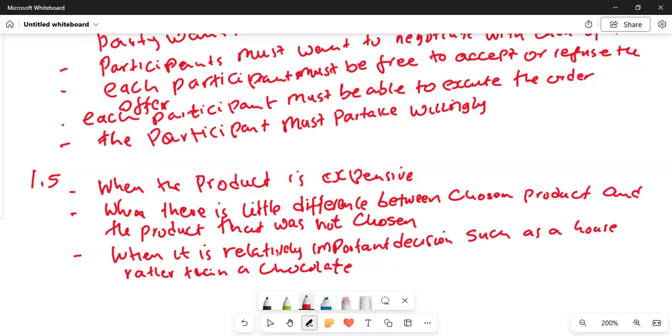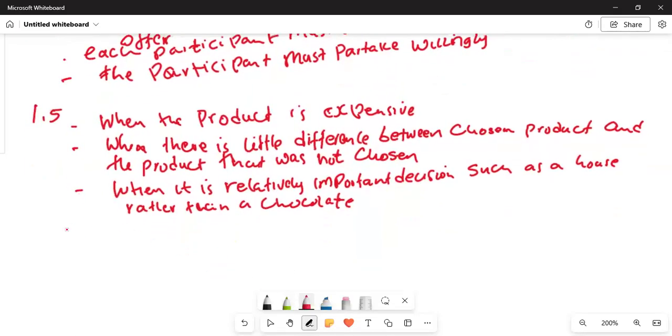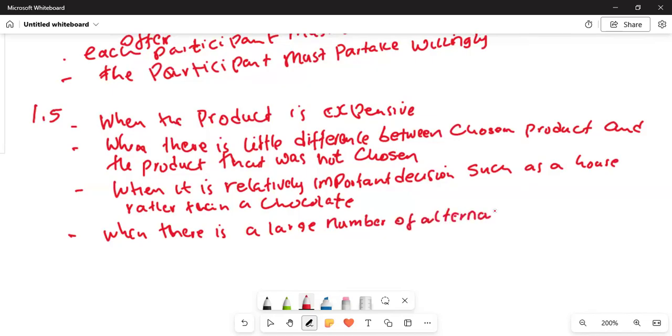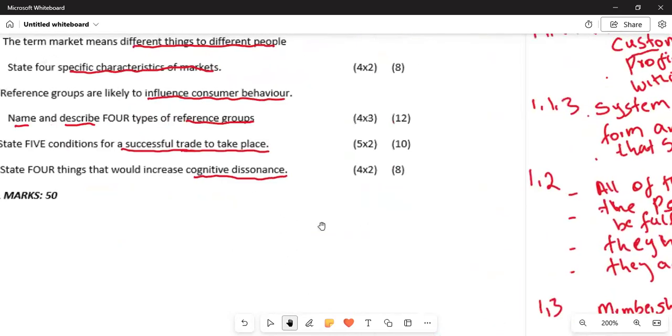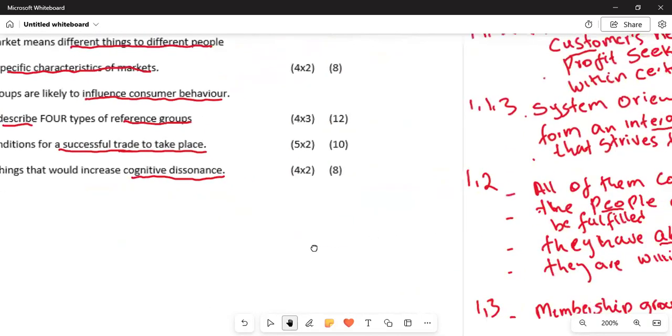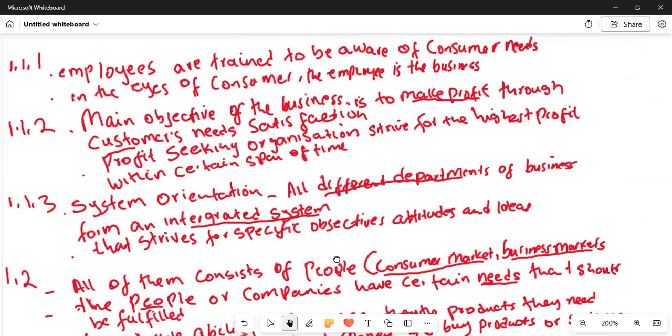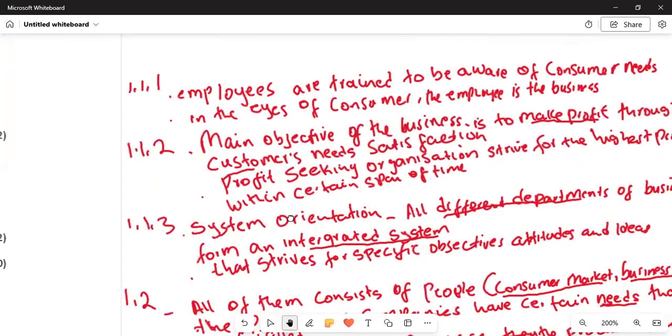When there is a large number of alternatives to choose from. So this is how we can increase cognitive dissonance. That is all we are expected to answer for these questions.